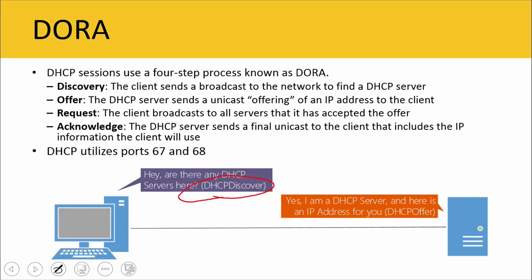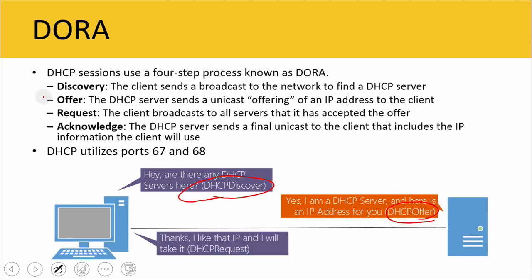Next, that server is going to respond, and it sends a unicast message offering an IP address to the client. Then, I'm going to check these off as we walk through them, we have a request where the computer says, hey, I would really like that IP address. Please send it over to me. And then the DHCP server sends a final unicast message to the client that includes the IP information, right?